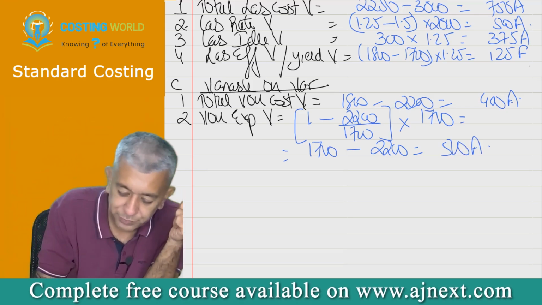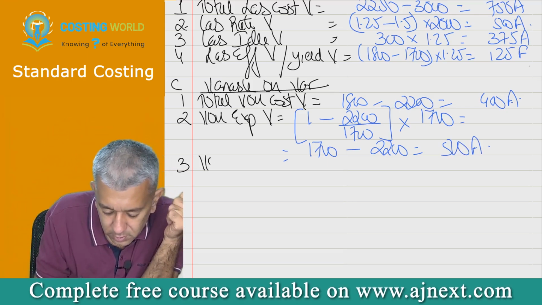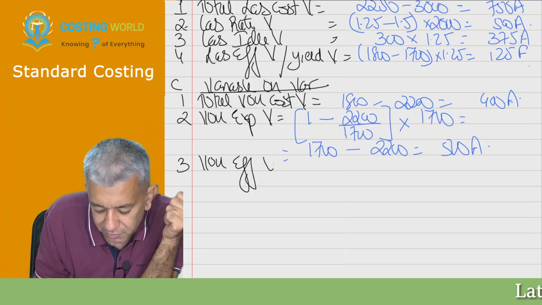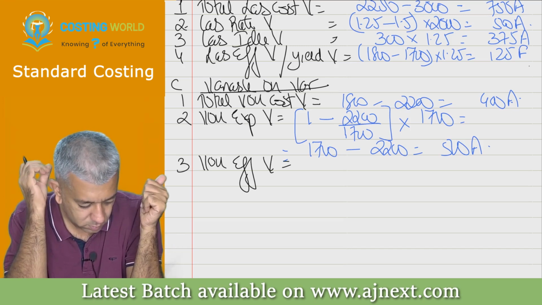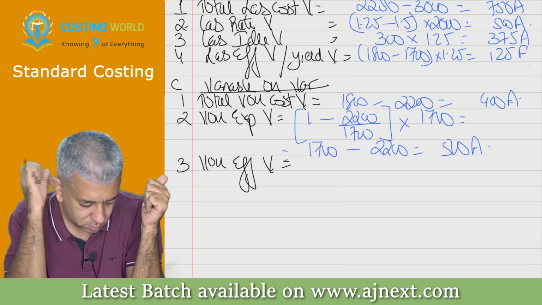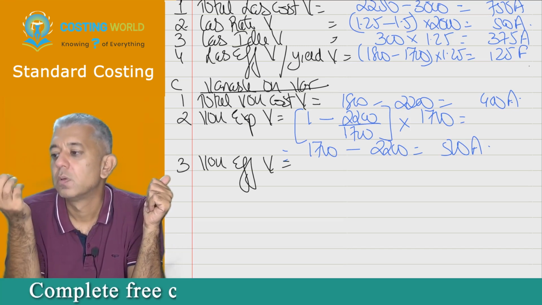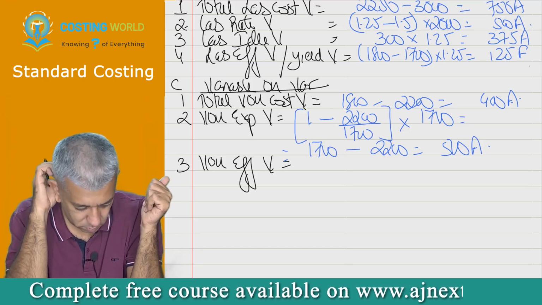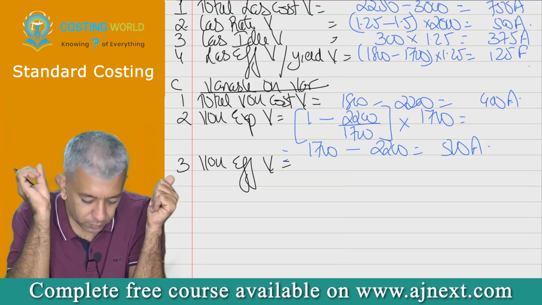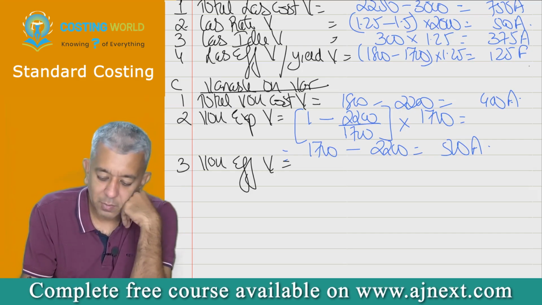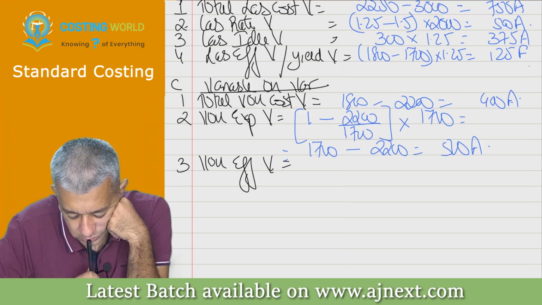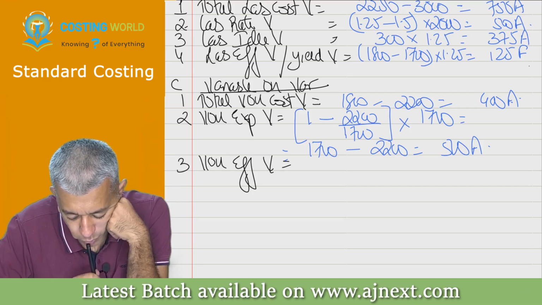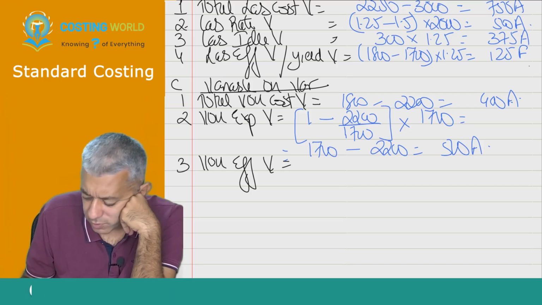Okay, thank you. Third, variable overhead efficiency variance. Now, variable overhead efficiency variance in this particular case, regular stuff now, this is.